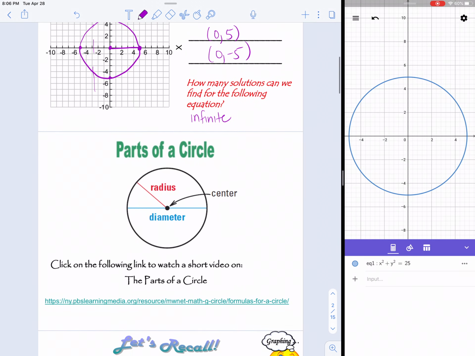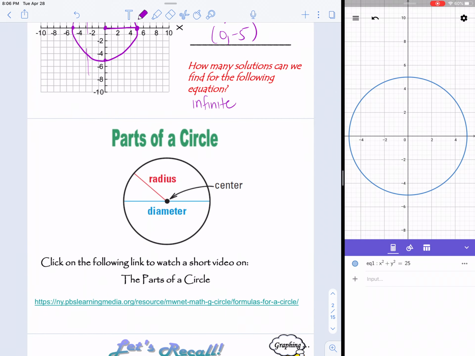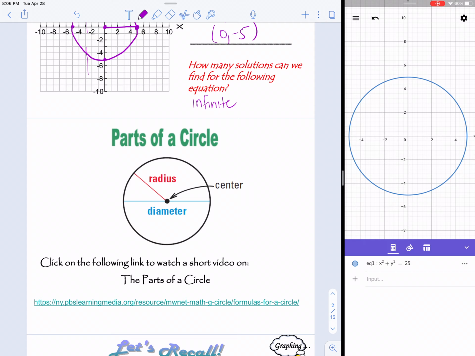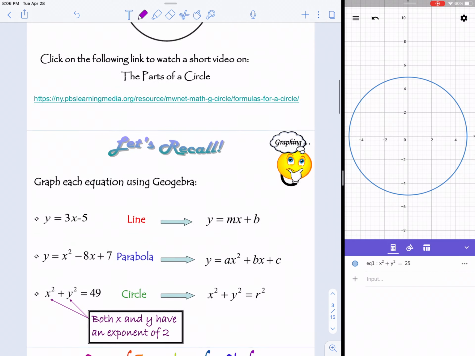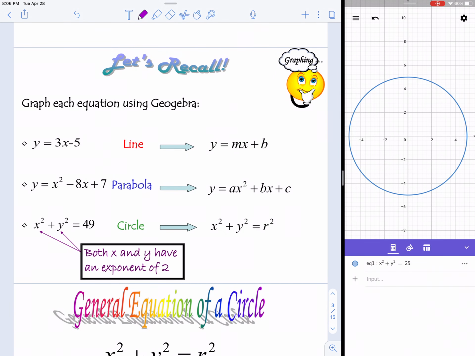Parts of a circle, you could click on here and it tells you about the radius, the diameter, and the circumference of a circle. We have in the past looked at linear equations in the form y = mx + b. You've looked at parabolic functions that have x squared only, and now the circle has both x and y squared.